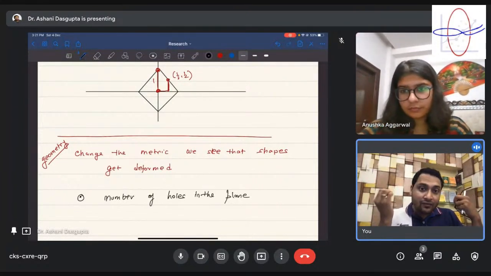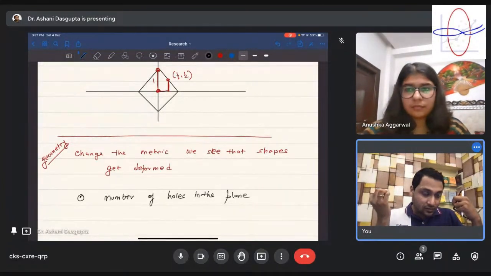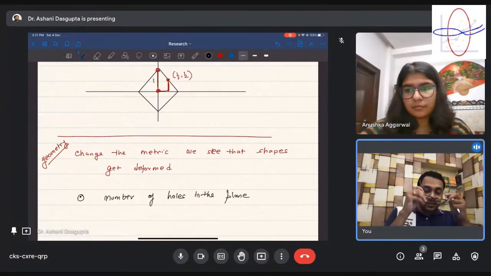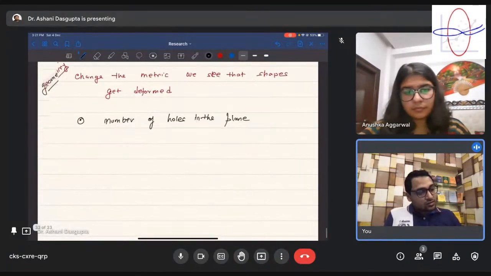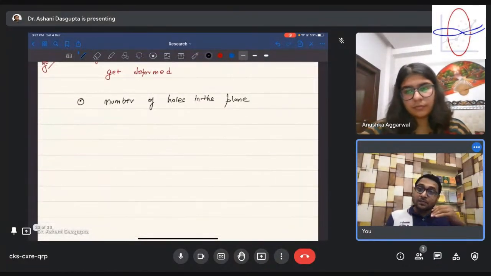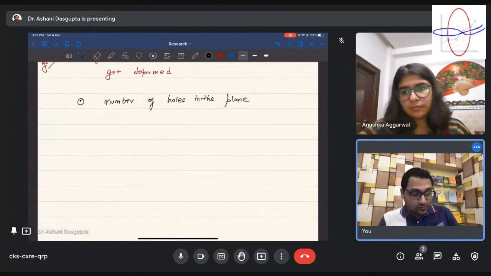You will still have no holes. Okay, so that is one of the things that lets us go beyond geometry. That's one of the reasons people study topology.